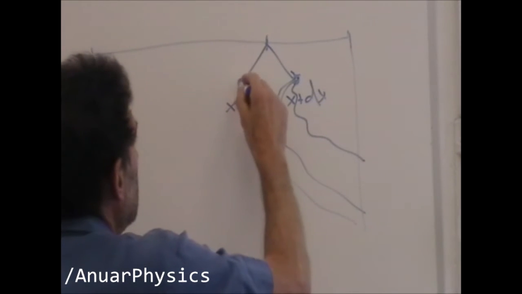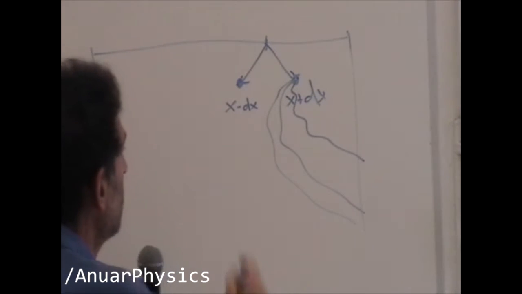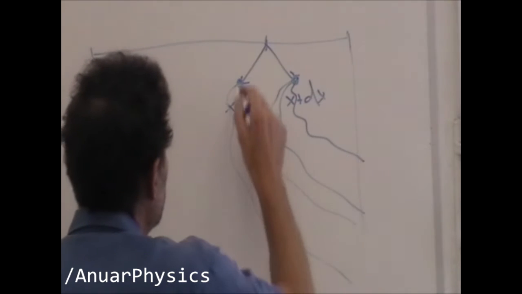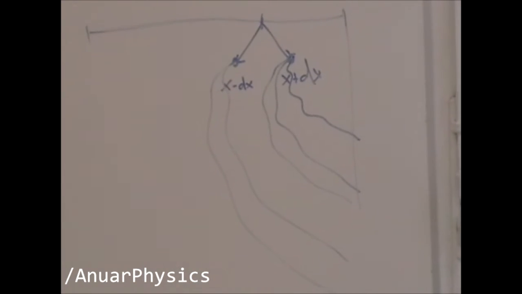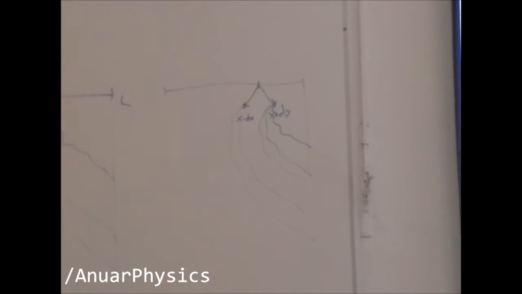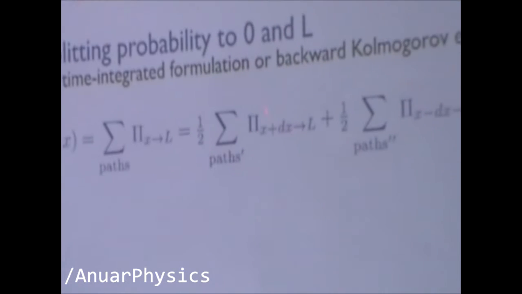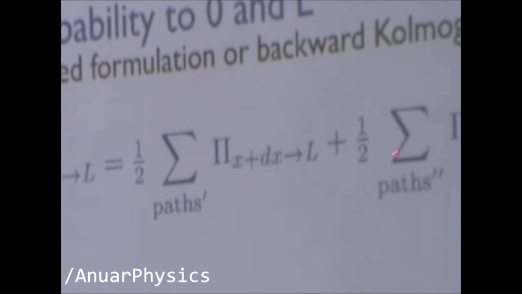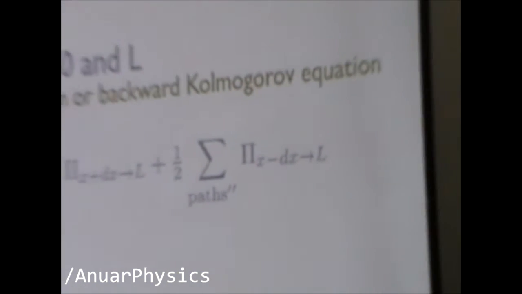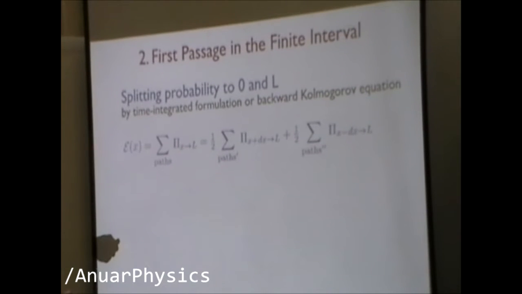And similarly, half the time I start one step to the left, and I want to sum up over all trajectories that take me to the right side of the interval.